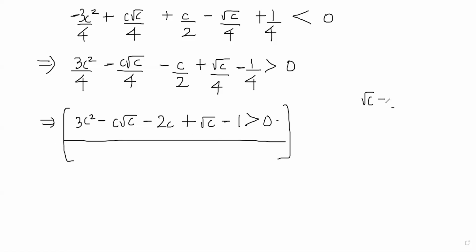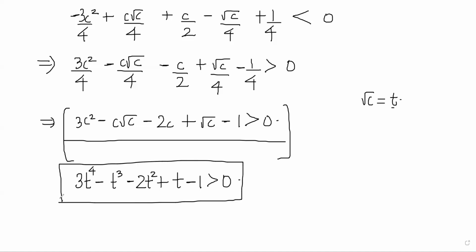If you take root c as t, you're getting 3t power 4 minus t power 3 minus 2t square plus t minus 1 is greater than 0. Now this function is positive, we need to show.